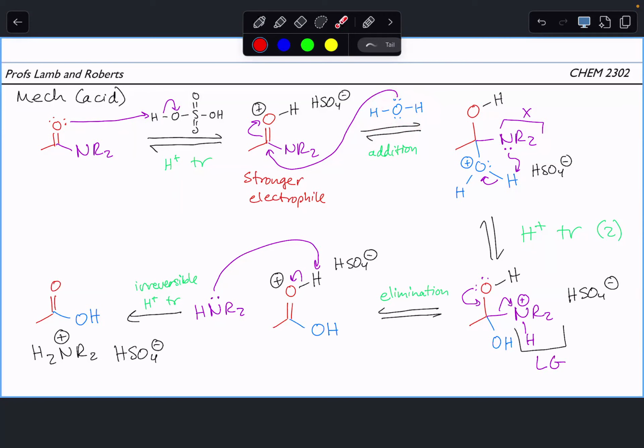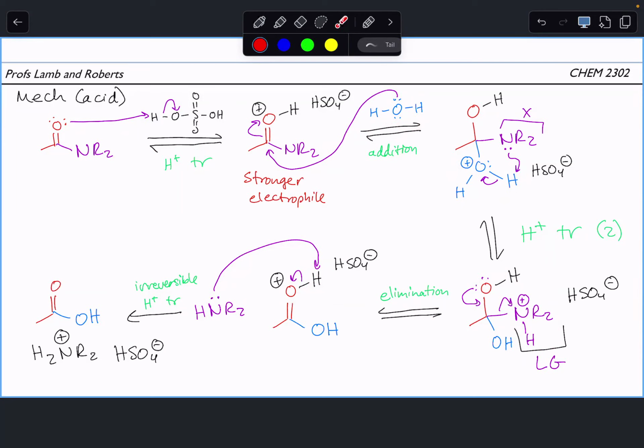Then we do a couple of proton transfers to make this not positively charged and to make a better leaving group. That's the purpose of those 2 proton transfers. Then we're ready to do our elimination. The final proton transfer is the driving force just because of the pKa differences between our byproduct and this proton. Okay?